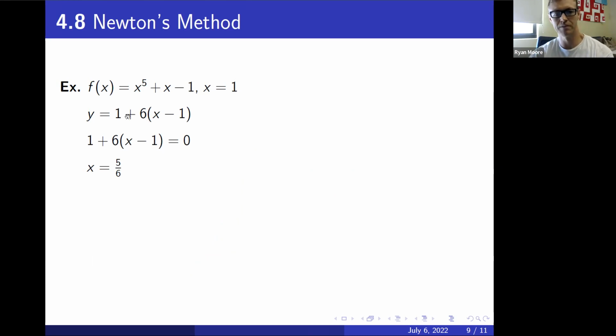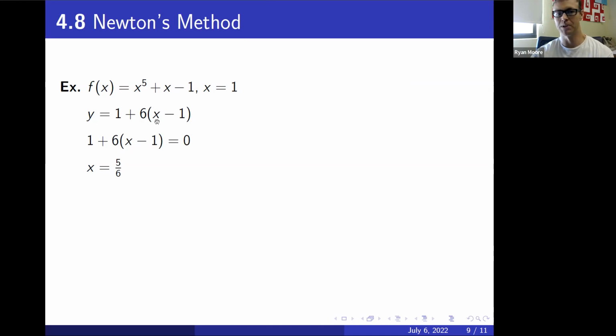Now let's look at all of the different values in this equation of this tangent line. What was this 1? The 1 came from plugging our x value into the function. That was the y value for our x, and it happened to be 1 as well. What was the 6? The 6 was the derivative value at 1.